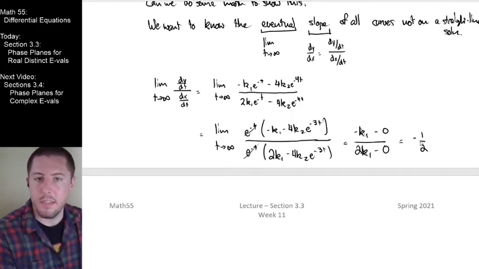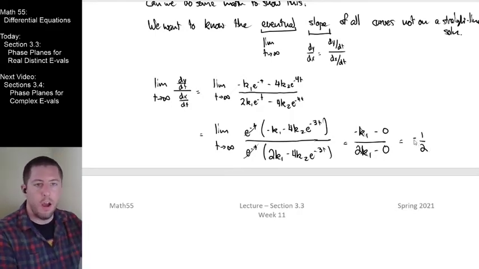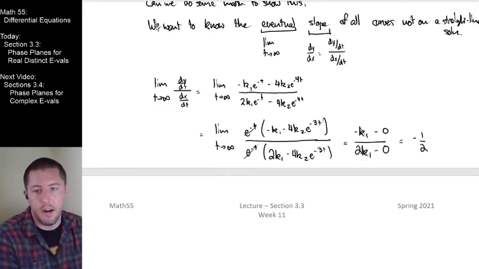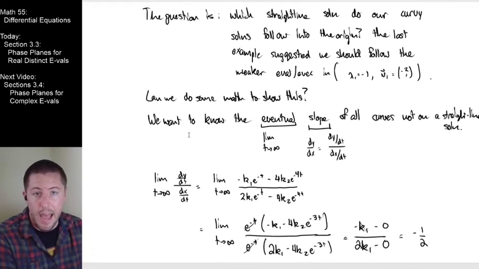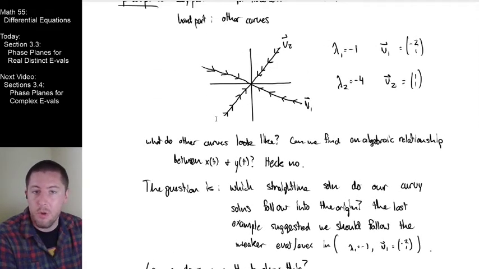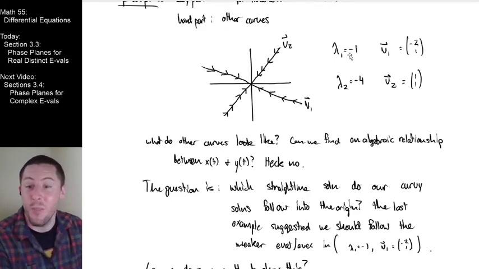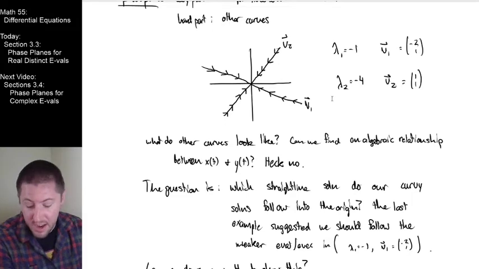So what this is saying to me is that the eventual slope of all of these curves that aren't starting out on a straight line solution is negative 1/2. And what line has slope negative 1/2 right here? Exactly our v1 vector, which is exactly the one that's associated with the weaker of the two eigenvalues. So that is pretty freaking sweet.